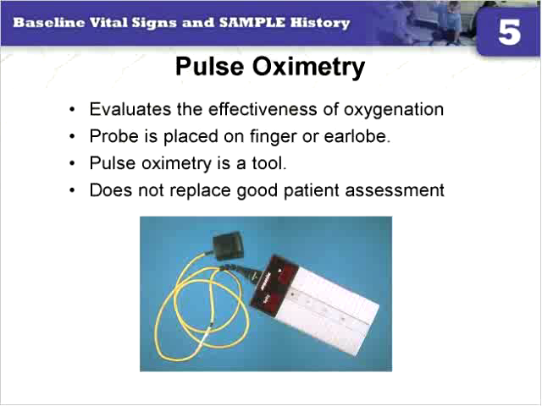We jumped ahead here. Basically, pulse oximetry, which we have in our truck, evaluates the effectiveness of oxygenation. The probe is placed on a person's finger. One thing you want to make sure is that the fingernail does not have fingernail polish on it. This is a tool that's just assessing whether or not the person is effectively breathing, but it doesn't replace good assessment. By good assessment, I mean listening to all the lung fields to make sure they're adequately moving air.